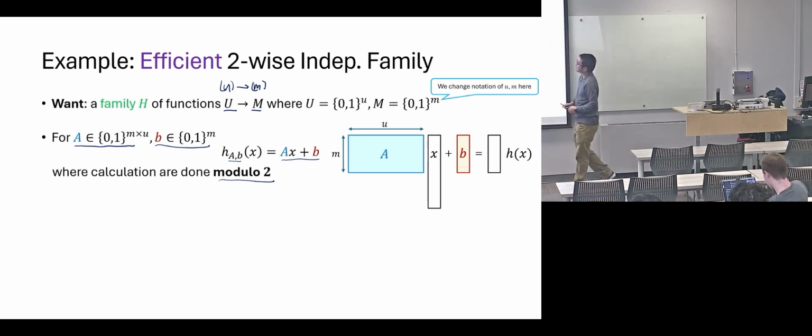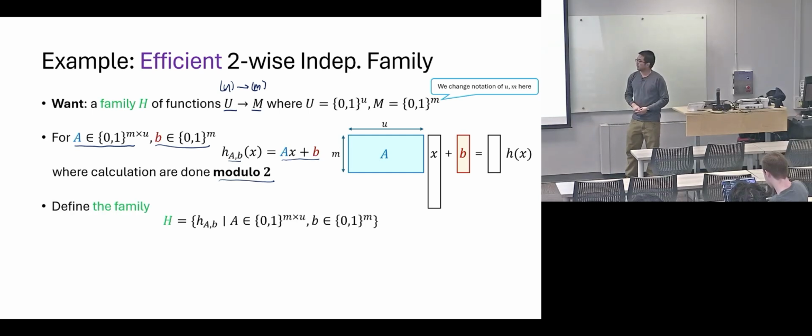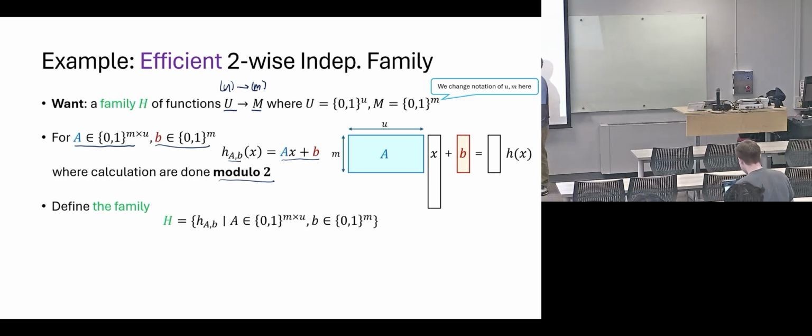Okay. And the family is just h_{A,B} for all possible A and B. All possible matrices here and all possible vectors here. Each generates some function h_{A,B}. Put this function into the family.